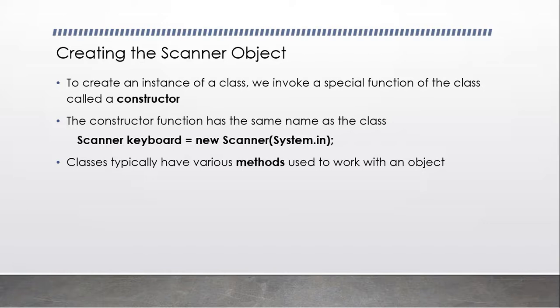Now, classes have methods associated with them. We've seen with System.out that we could invoke print, println, printf. These are all methods that are associated with that kind of an object. In this case, for a Scanner object, there are several methods that can be used to read input from our input source. In this case, it'll be from the keyboard or System.in.